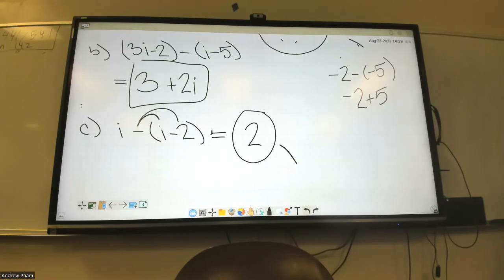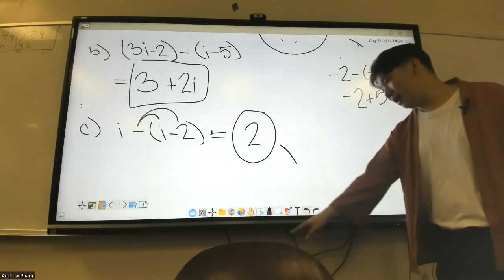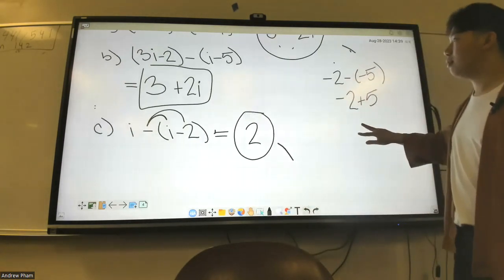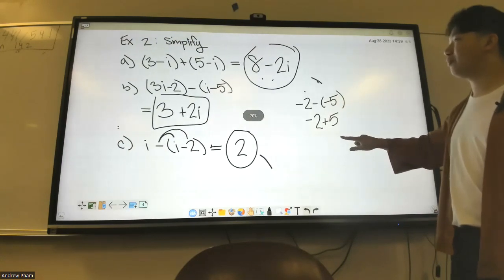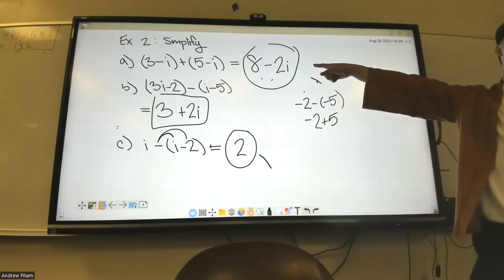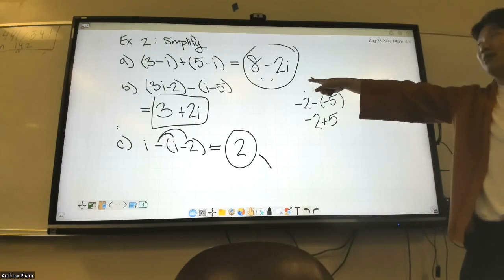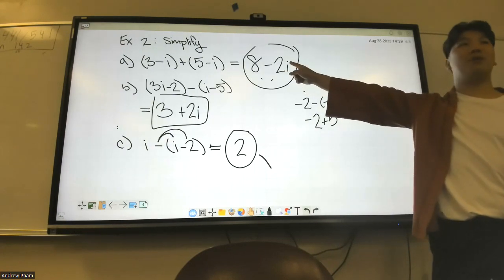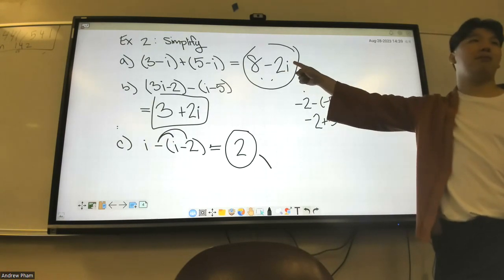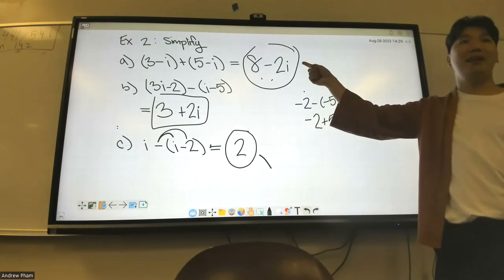So we've done some examples about adding and subtracting complex numbers. Any questions about how I did any of those steps so far before I move on? I'm actually going to go ahead and ask a particular question. So we had these 3 examples. For part A, my final answer was 8 minus 2i. Is that a complex number? Does that look like a plus or minus bi? Yeah, for sure.